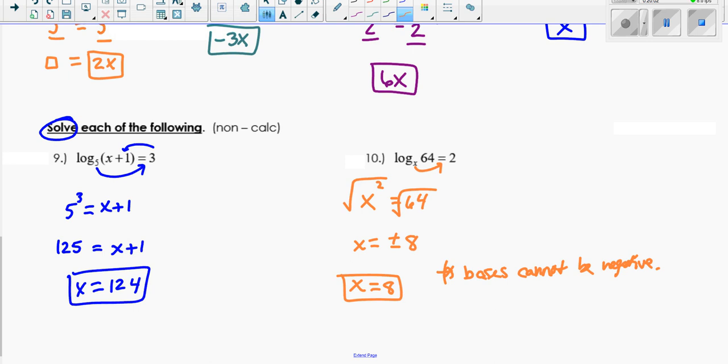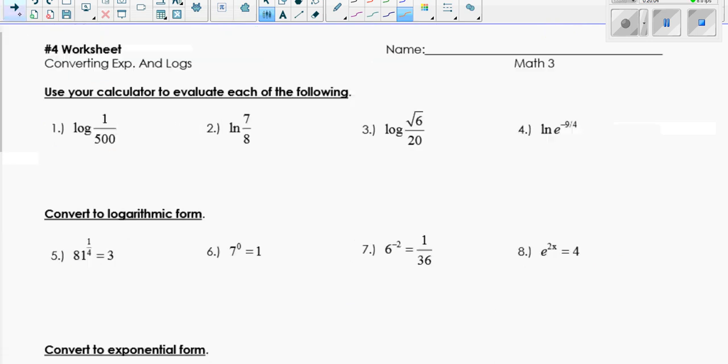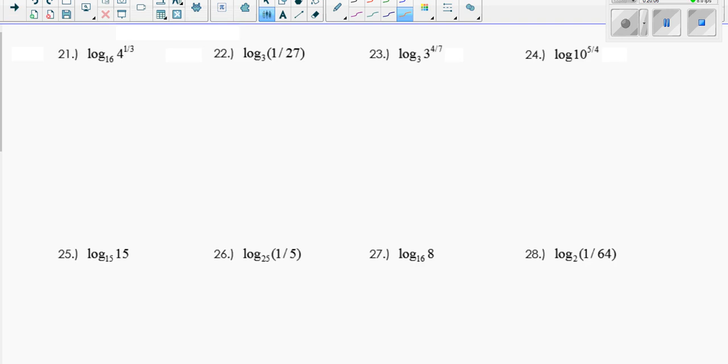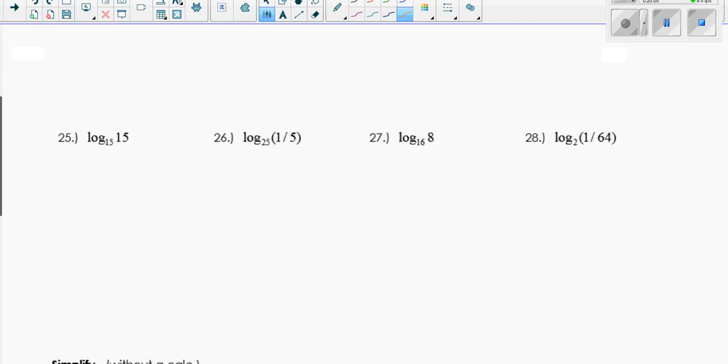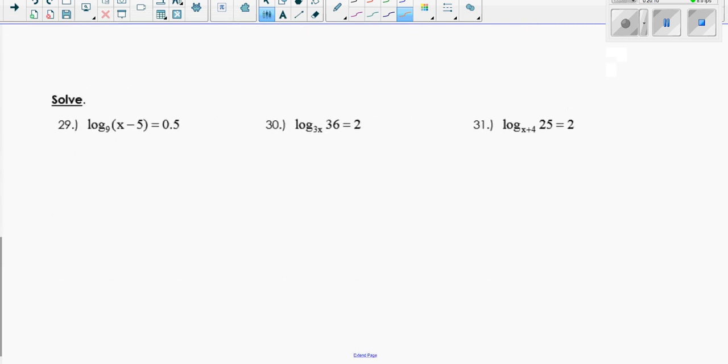Okay? Alright, there is one problem that I want to show you on the homework that's very similar to that problem. On the very bottom, if you look at number 30 here, if I use the same rules that I just talked about, so George is on the ground, he swings up, we have to be very careful on how we write this. So this is 3x squared equals 36. That's our tendency of how to write that.